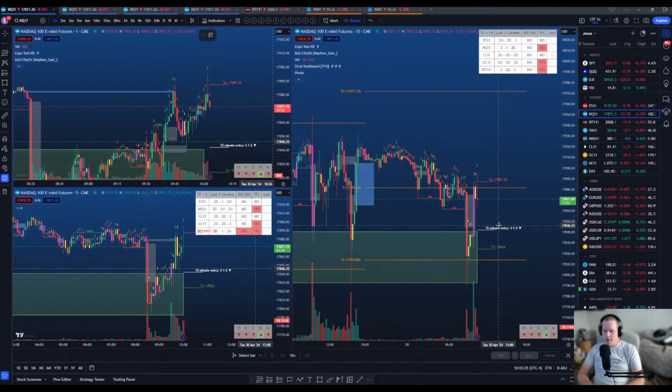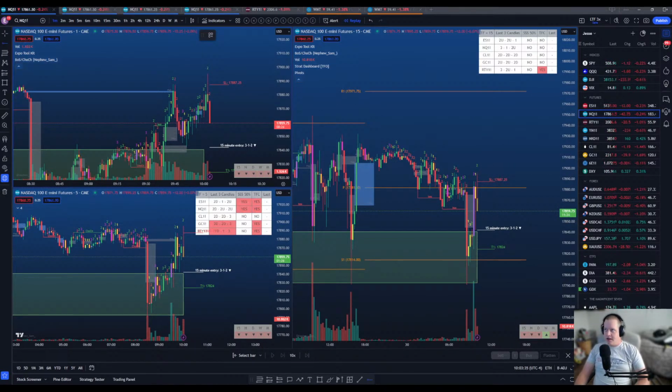No. Even more short-sighted than that. It's not, I should say that's not the answer I was looking for. Not incorrect. But on my current chart, what is the exact level that I would be bullish over?